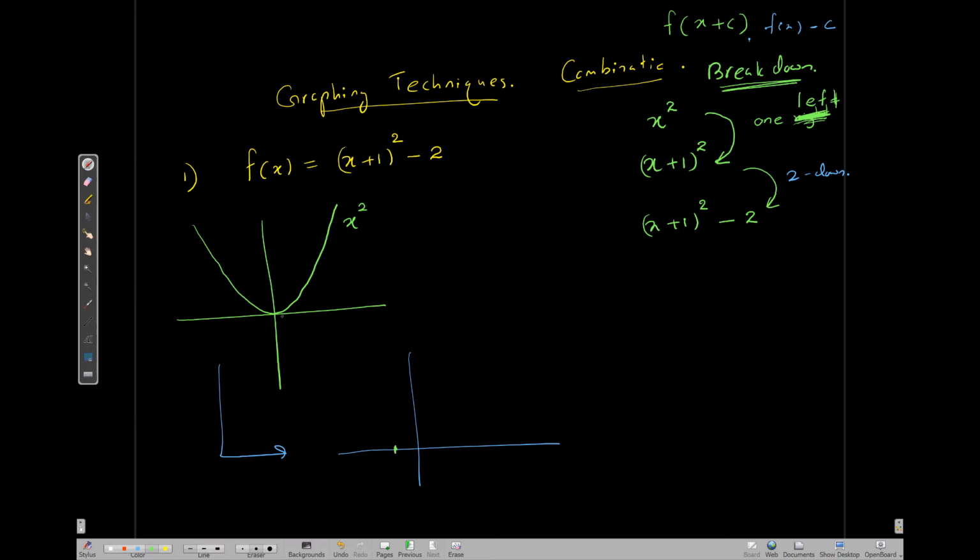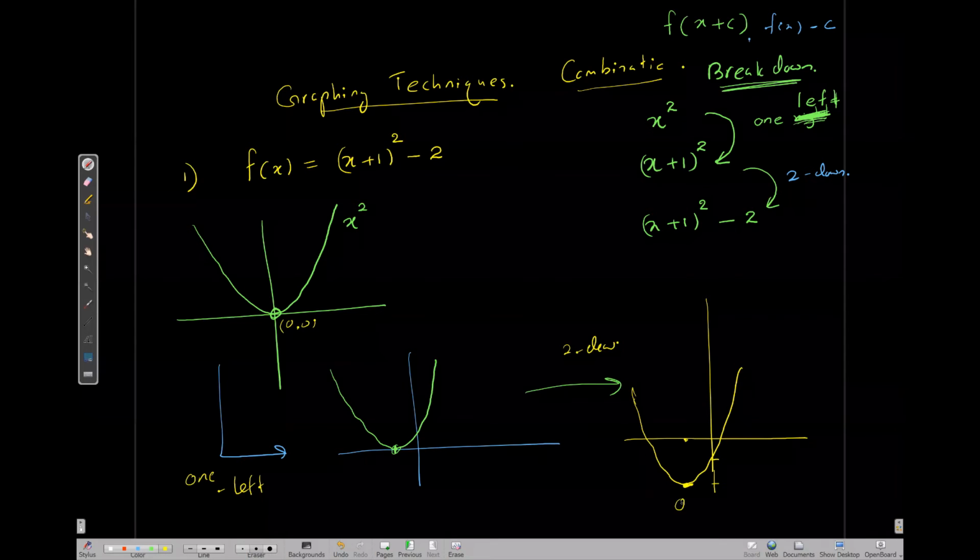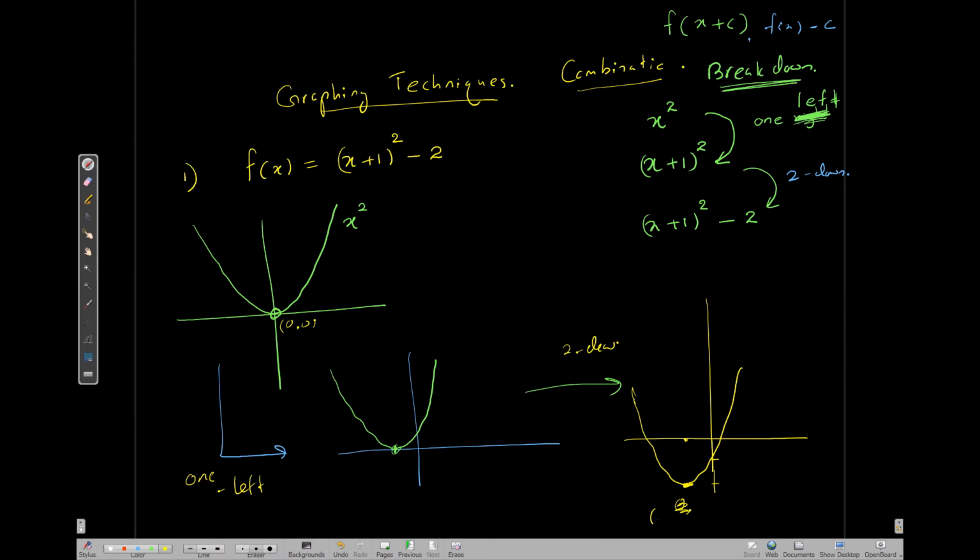So here our vertex, this point, will come here now, like that. And then we have one left and two down. So 1, 2, like that, right? This point was originally (0, 0), and now this point is (negative 1, negative 2).